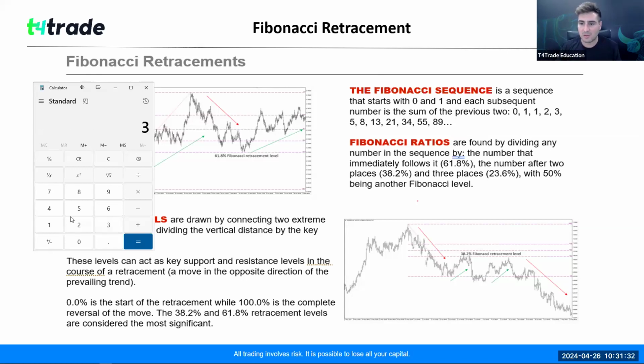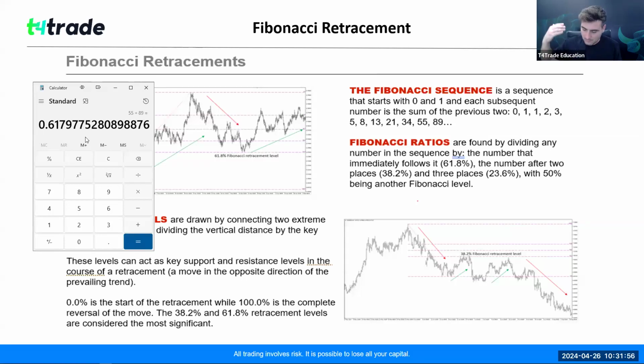Once again, choose 34 now, and you divide that by the next number that immediately follows it, 55. Again, 61.8. You can do that with 55, divided by 89, the one that immediately follows it. You get 0.6179, round that up, 61.8. So you get the point.